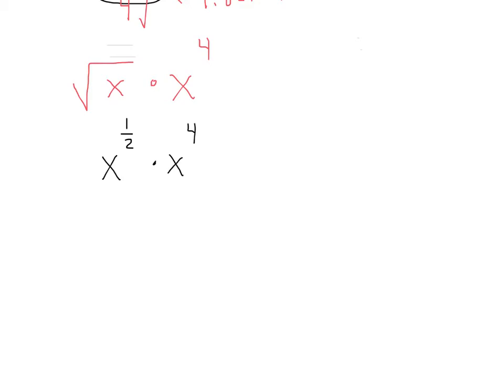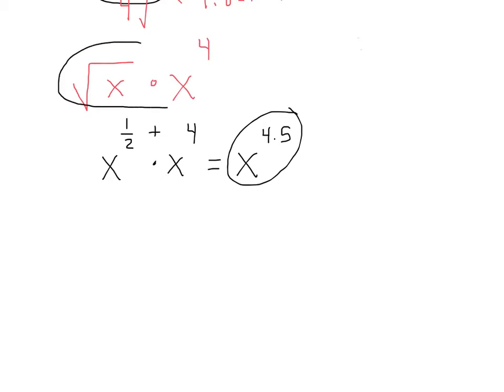Let me ask you this. Do I have like bases? My bases are both x's, aren't they? When you have like bases, what do you do with their exponents? Add. And so you're going to do 1/2 plus 4, which is x to the 4.5 power, isn't it? And so that's your answer for the square root of x times x to the fourth power. It's x to the 4.5 power.